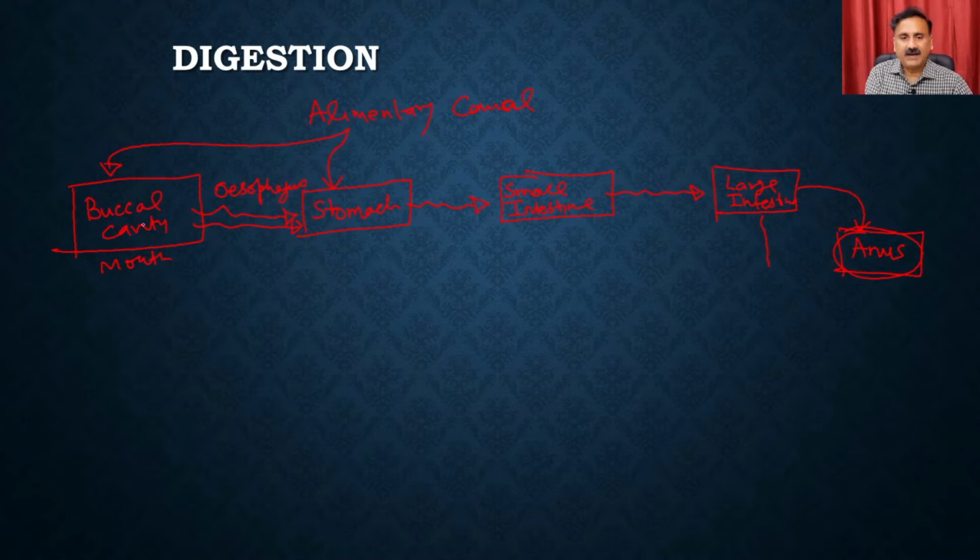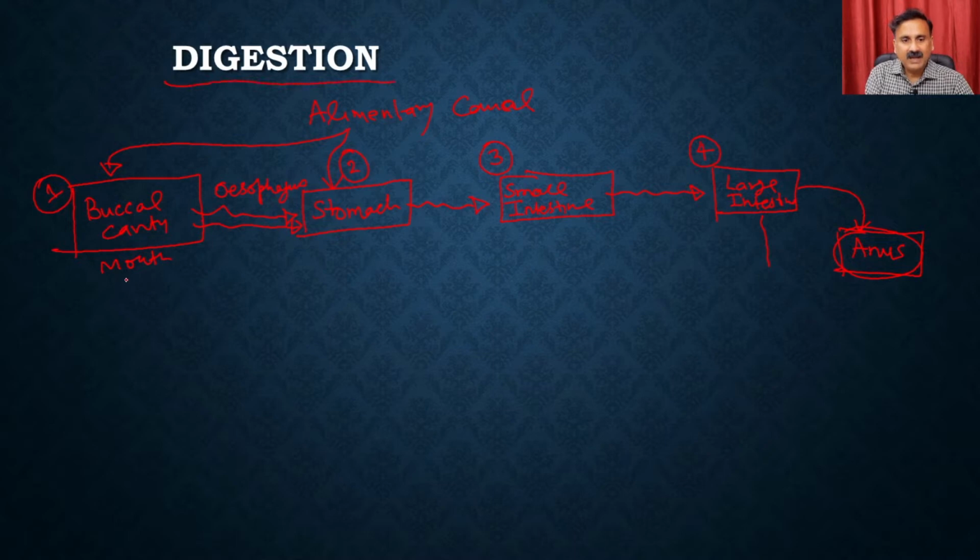So these are the five chambers: chamber number 1 is the buccal cavity, number 2 is the stomach, number 3 is the small intestine, number 4 is the large intestine, and you can also have chamber number 5, which is the rectum and the anus. But sometimes people consider that part a part of the large intestine. So these are the four portions where you are going to have the digestion.